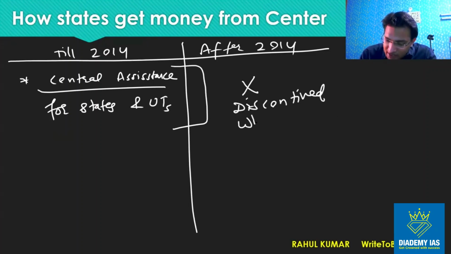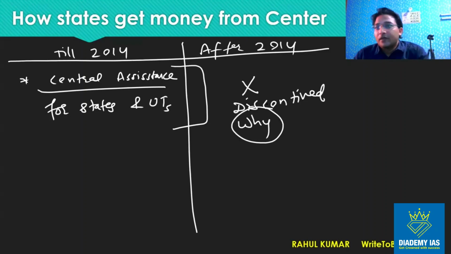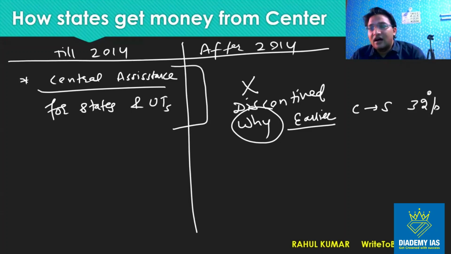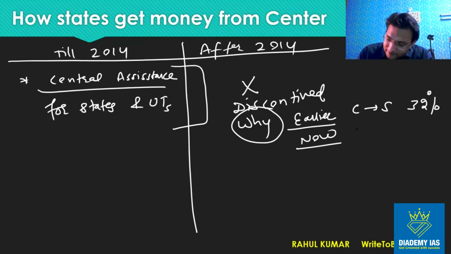Why? Now you will ask why this mechanism has been discontinued. This mechanism has been discontinued because earlier the center to state transfer of taxes was 32%. So suppose center collects 100 rupees as the taxes. Out of the 100 rupees, 32 rupees will go to the state government. Now, after the 2014, the center to state transfer of fund is 42%, and this is as per the 14th Finance Commission.